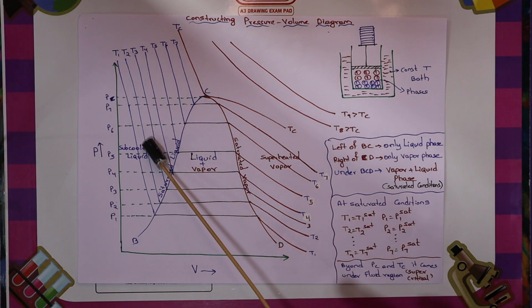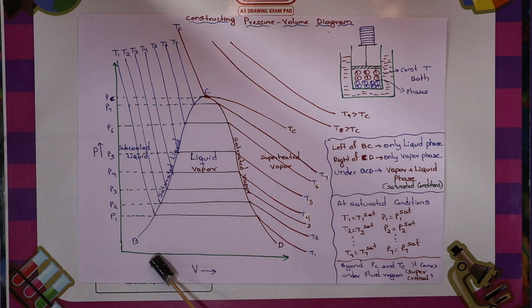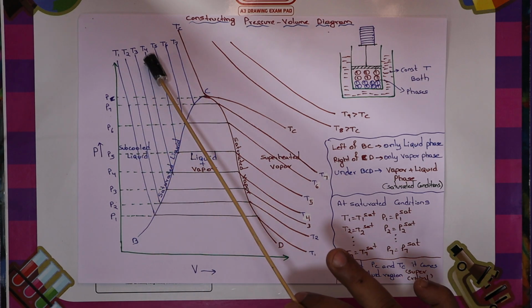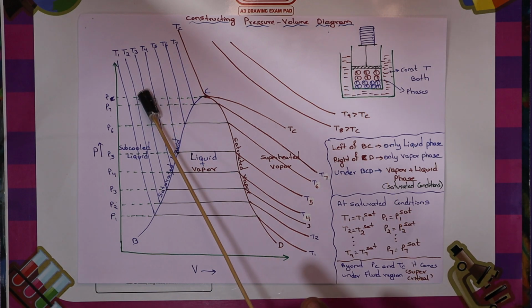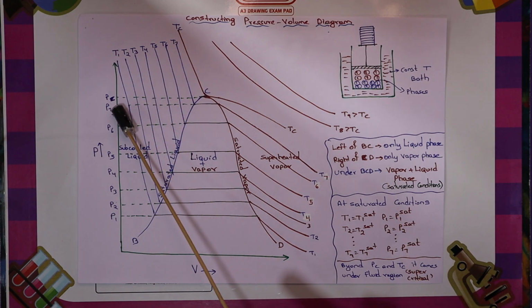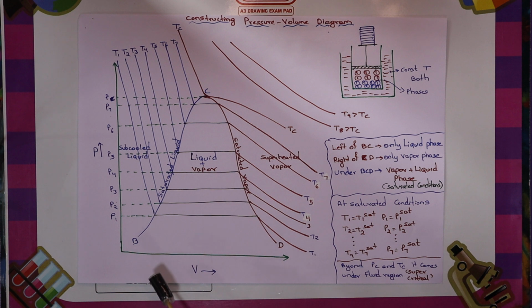At T2 temperature, if you maintain this particular pressure, then what will be the volume? If you maintain T4 temperature in this example, in a piston cylinder assembly or this system, if you maintain the P7 pressure, what will be the volume of this particular liquid?